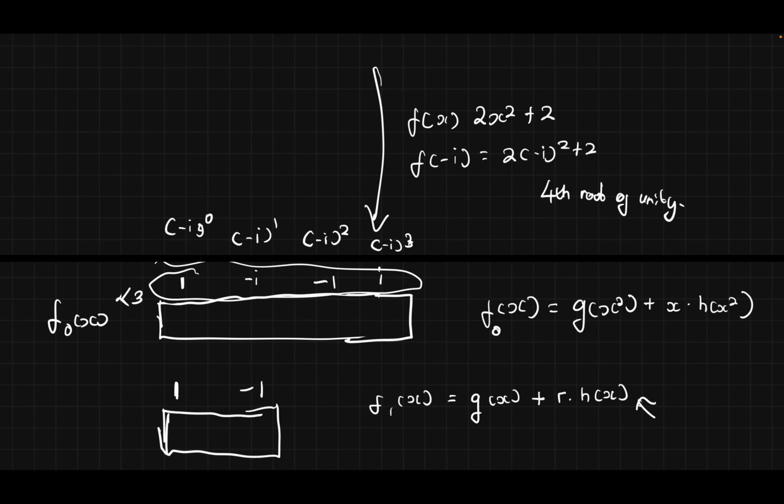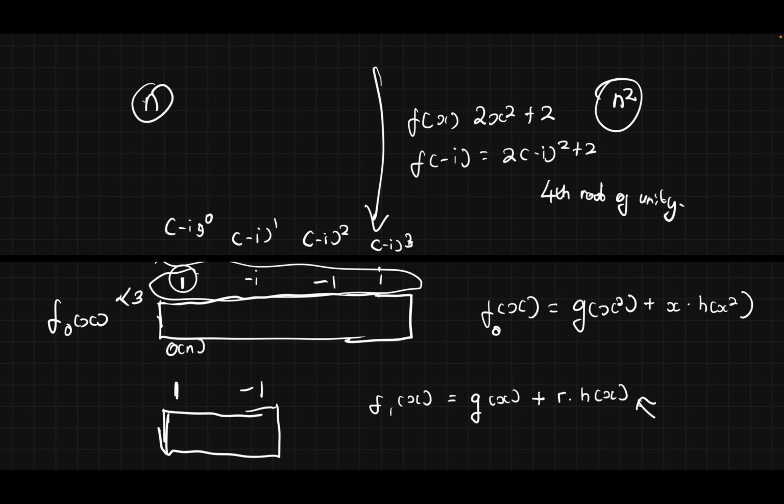Because with naive evaluation, the running time is n squared. To evaluate just one point takes me order of n steps, but I'm trying to evaluate n points.